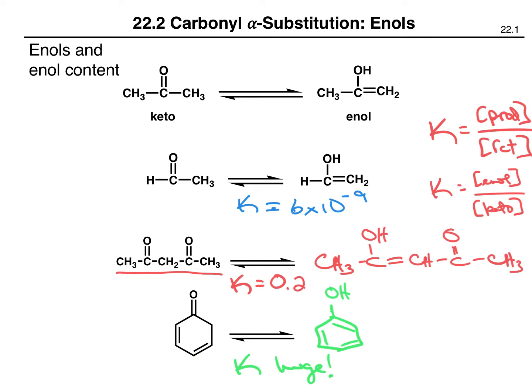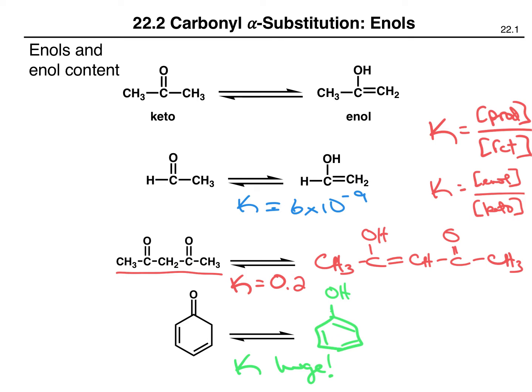So for most simple aldehydes and ketones, there's lots and lots of keto form, very little enol. For some stabilized enols, there will be a significantly greater amount of enol form compared to that of regular simple aldehydes and ketones. And for something that gives us an aromatic compound, the enol form is essentially all that exists.